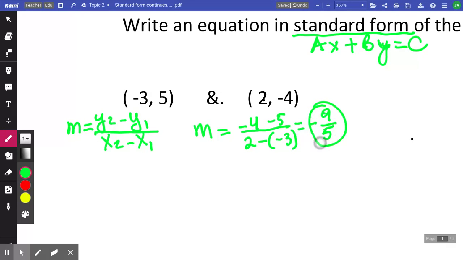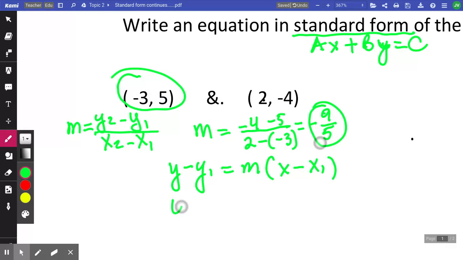That's the slope. I'll use one of the points and write the equation in point-slope form. Remember, point-slope form is y minus y1 equals m times x minus x1. So how about we use this first point right there? y minus 5 equals, the slope was -9/5, so I'm going to write -9/5, and then open parenthesis, x.